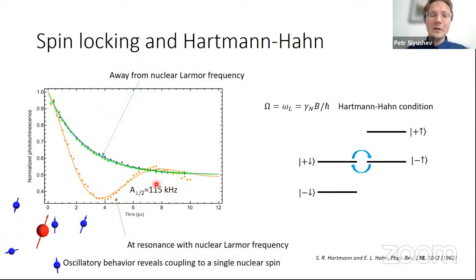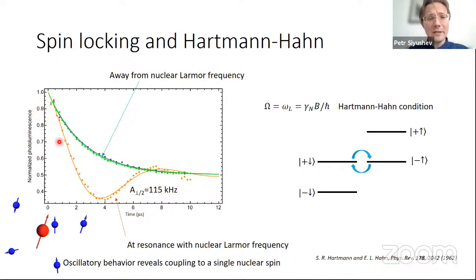However, if we have a relatively close nuclear spin to our silicon vacancy center, the situation is slightly different. If we represent our states as joint states between our silicon vacancy electron spin in the dressed state representation and the nuclear spin, then we bring two states into resonance, and the system starts to evolve coherently between those two states.